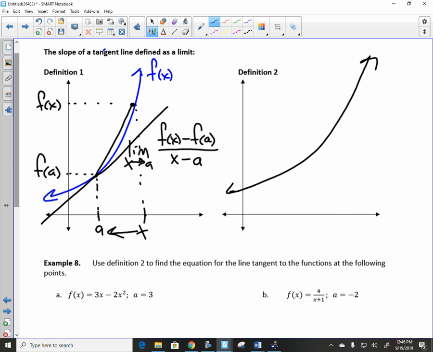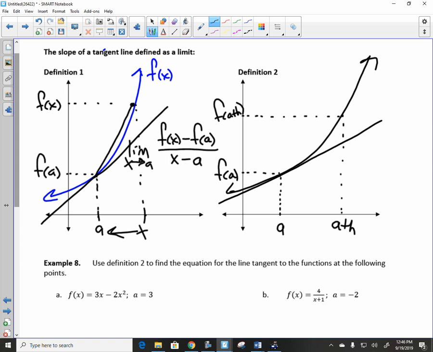This would be definition 1, which is often referred to as the limit of the difference quotient for the derivative. This one is the derivative at a point. We choose a. This is f of a. I choose another point, which is a plus h. So this is f of a plus h.